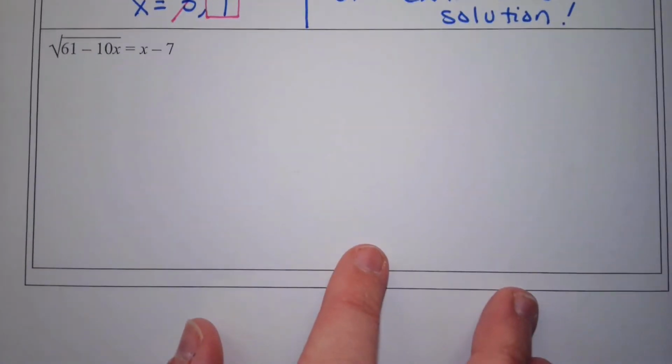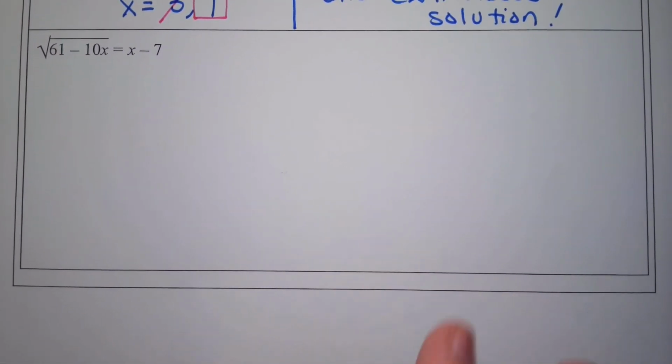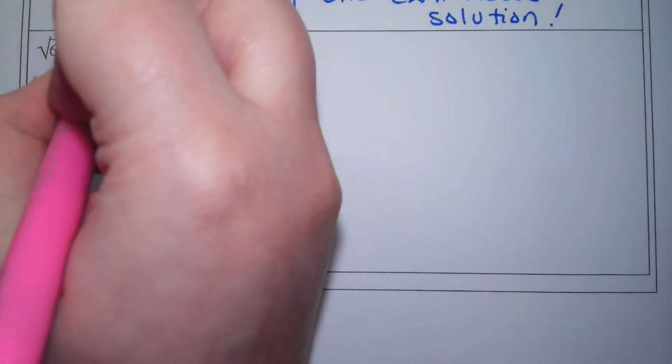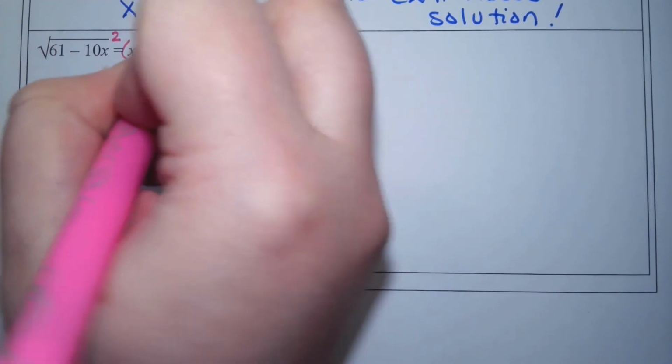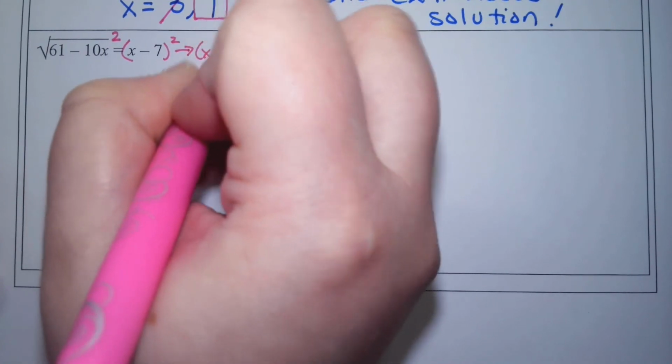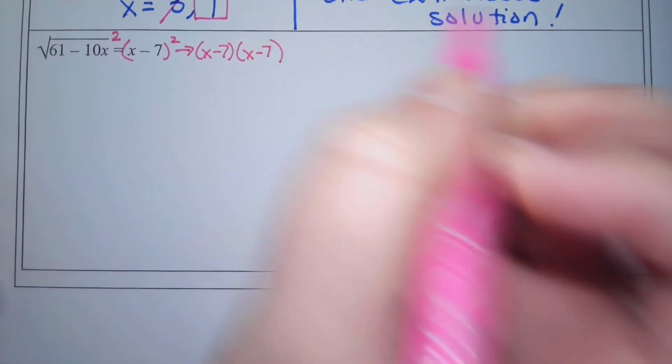All right, last example. Thank you guys for toughing this one out, but it's very important to get through these so you understand how to do the problem. So first, square both sides. So this is going to be x minus 7 times x minus 7.